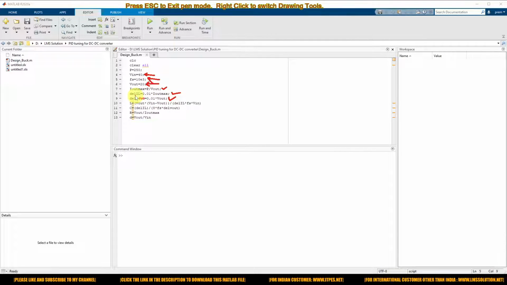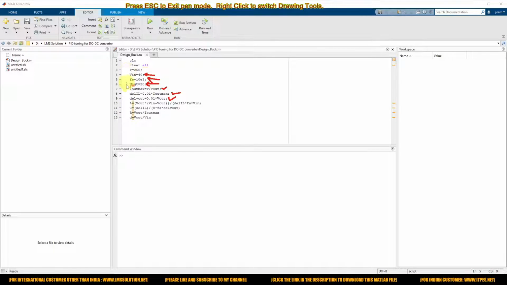So this ripple inductor current is calculated based upon the load maximum current, multiplied with some percentage. So here I'm going to consider 0.01 times IO max, and then ripple capacitor voltage is calculated based upon output voltage multiplied with some factor. So here I'm going to consider that factor is 0.01 percentage.